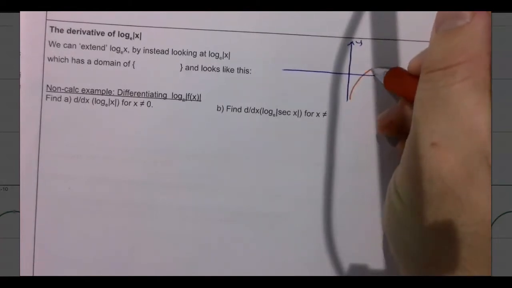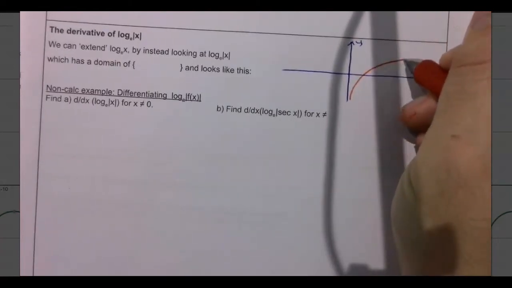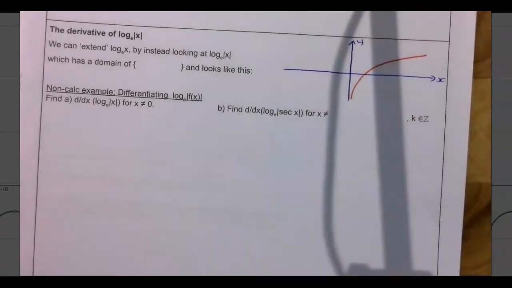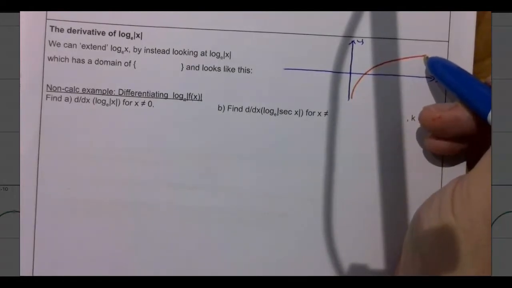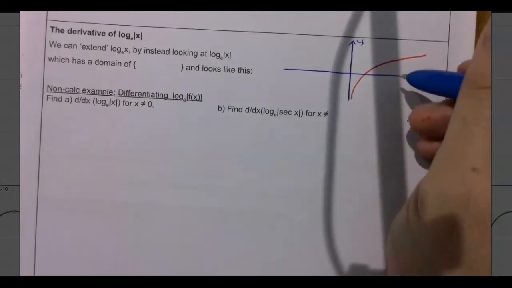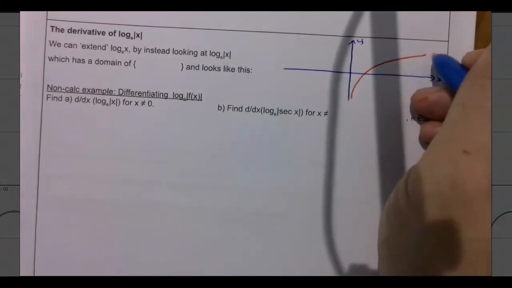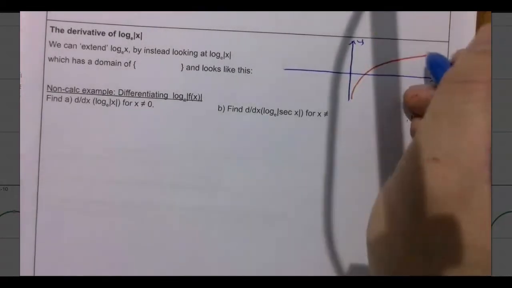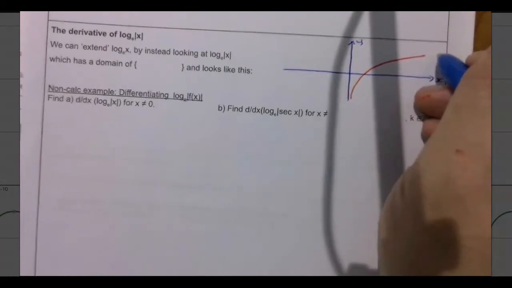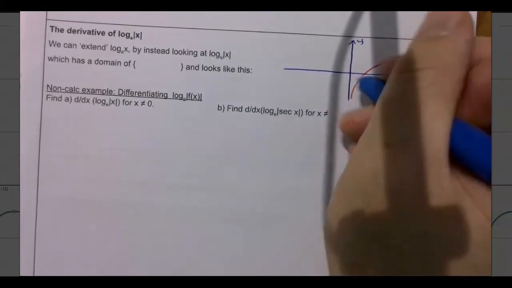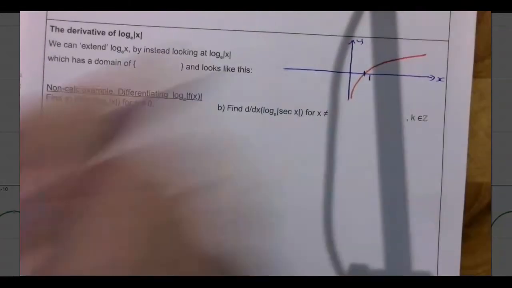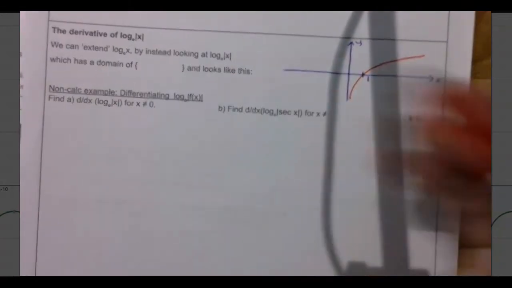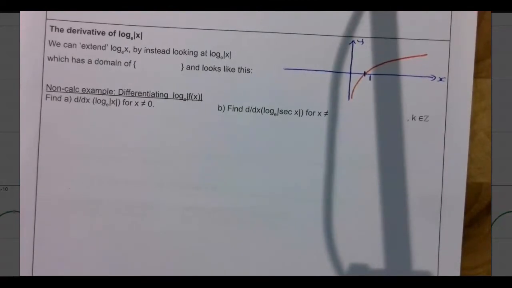We cross at 1, and then we have a function that continues to increase, but for which the gradient gets smaller and smaller. Just be careful when you're drawing log graphs. This does not become horizontal. There is no horizontal asymptote. It keeps increasing, but the gradient diminishes and gets smaller and smaller. This point here is 1. So this is the standard function natural log.